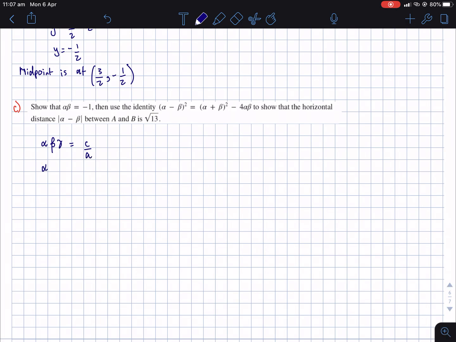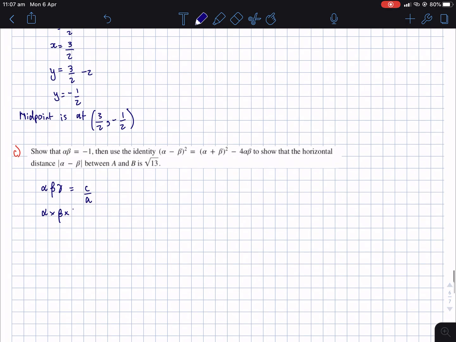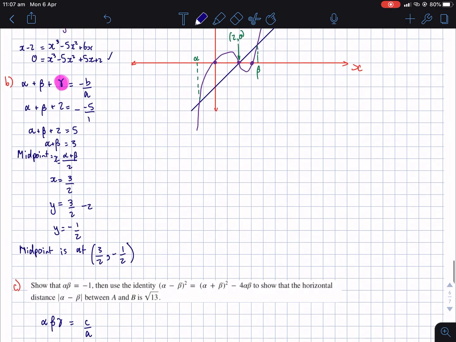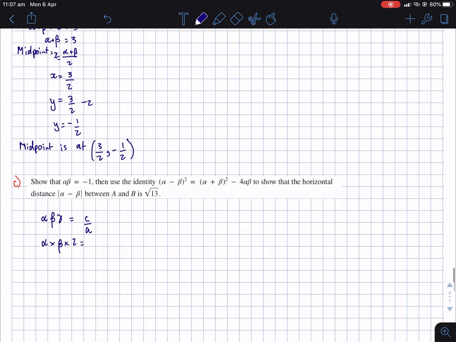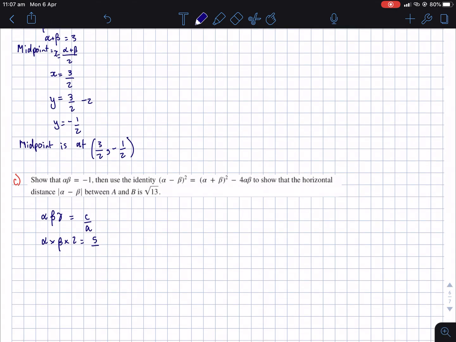So here, alpha times beta times, well, we know gamma, it's 2, equals c. c was +5 on 1. That's not going to get me that equals -1. Oh, no, this one, it's not c on a, it's -d on a.